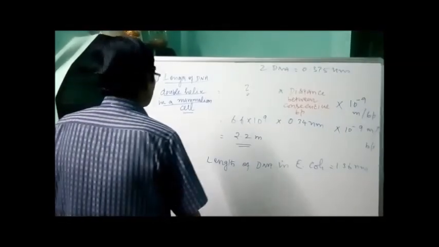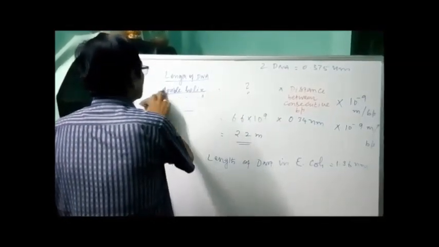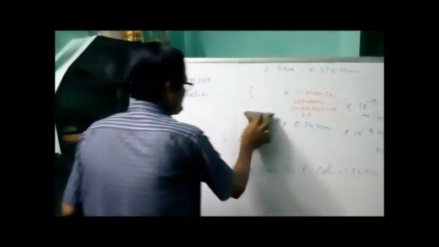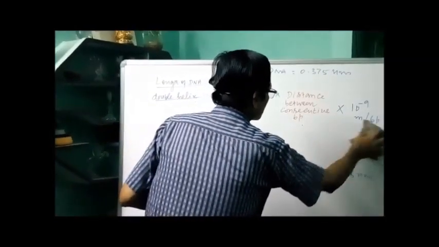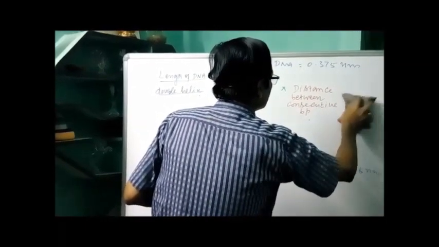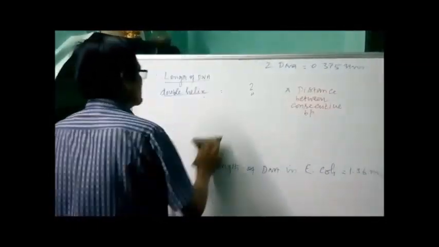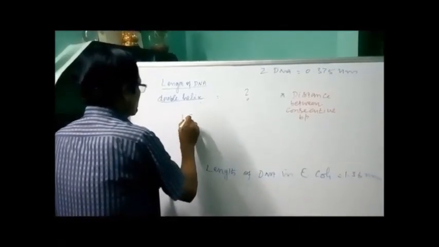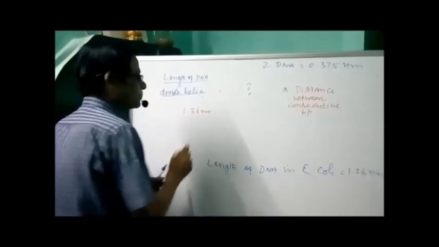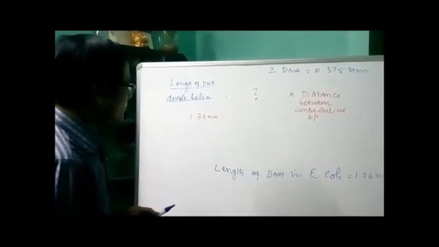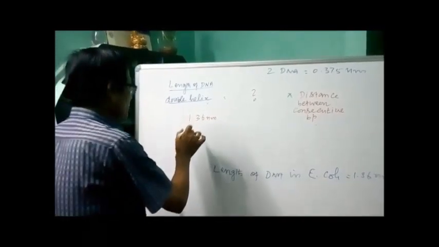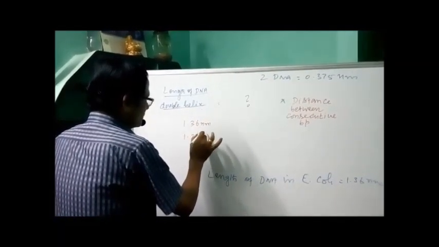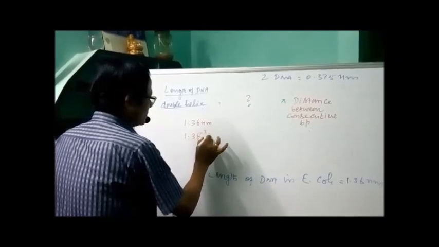Okay, so now I am taking simply that the length of the DNA double helix is given. We have to calculate the value. The length given is 1.36, and if you want to represent the value in meters, it should be converted into meters, 1.36 × 10^-3 meter.